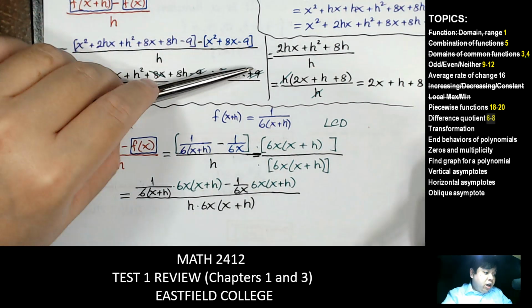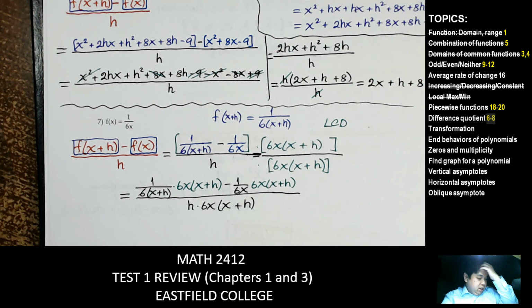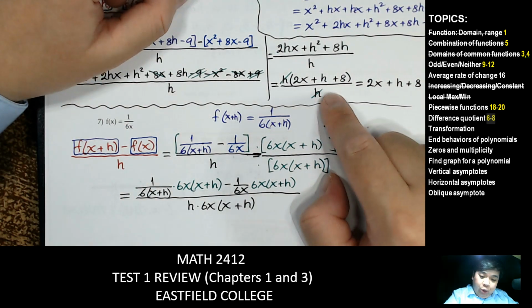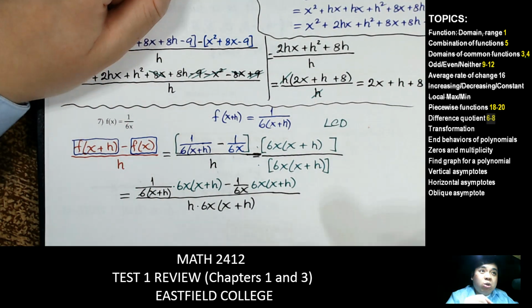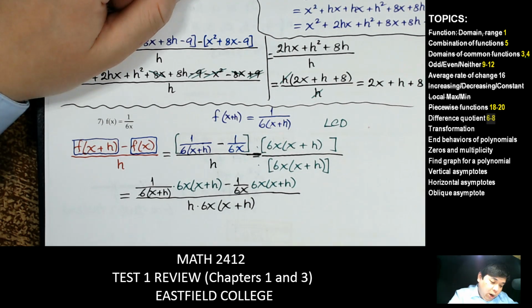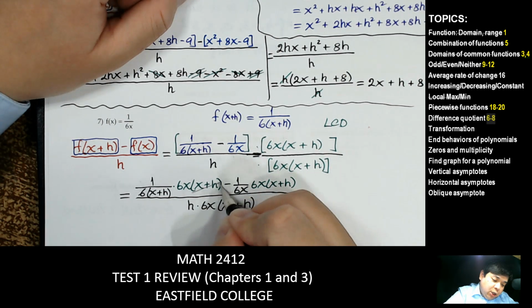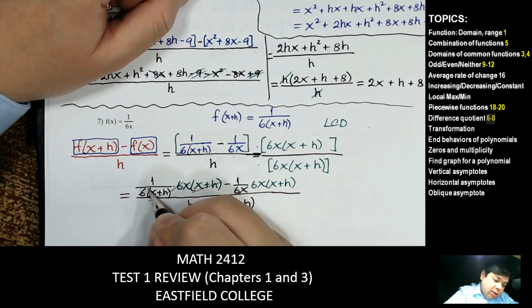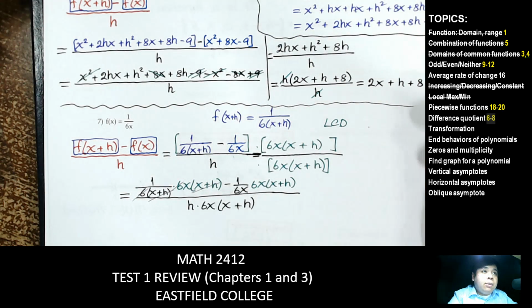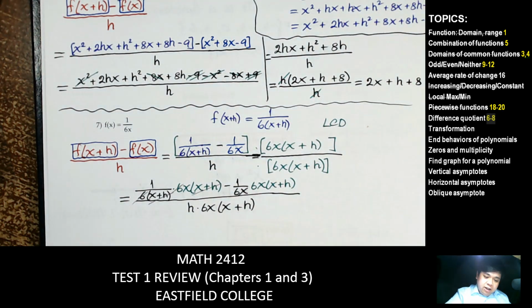We will not multiply the bottom, the denominator, because the h at the bottom should cancel somehow. Anyway, what we can simplify here is x plus h and the 6. So we just have x left.